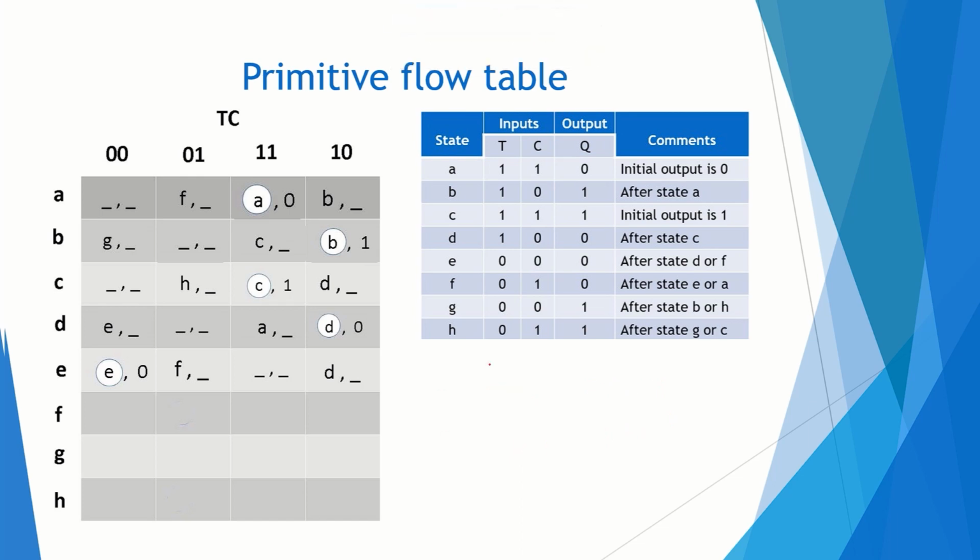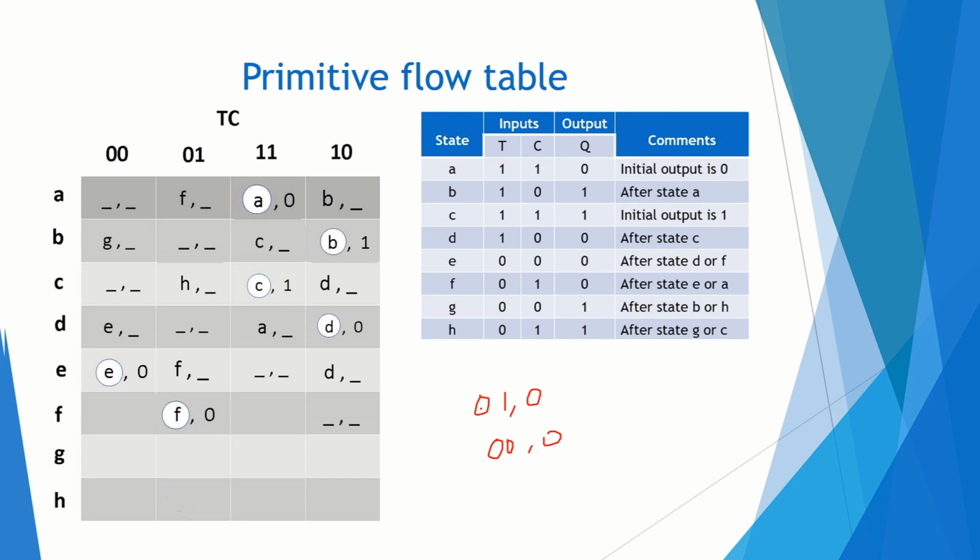Now let us see F. It is 0 1, so it is F, output 0, and 1 0 is the unallowed state, so it is marked with dash. So F, you can see here 0 1 0. So when it goes to 0 0, T is 0, it is in the same state 0. That's a change, it is negative edge.